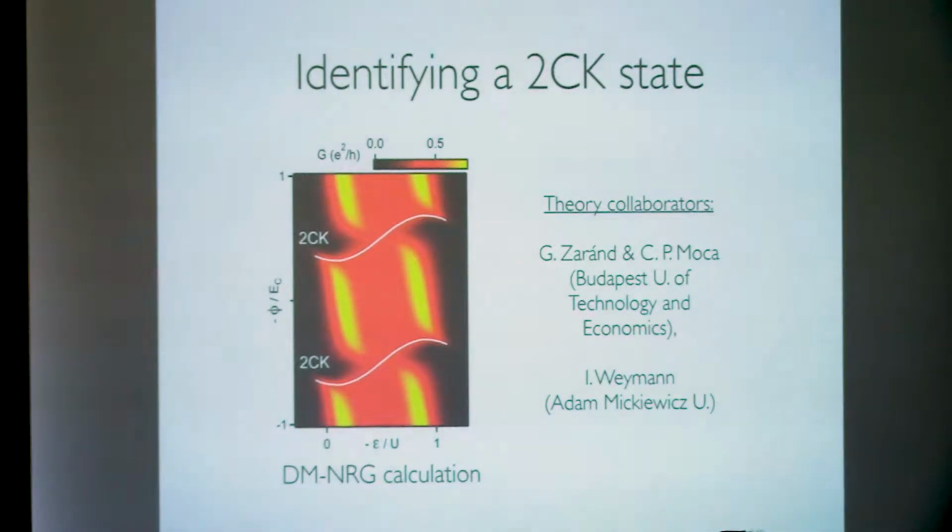And it turns out, strangely, that there's not a quantum critical point in this particular model, but actually quantum critical lines. So there's a continuous line as a function of gate voltage on the small dot and the big dot, where using numerical renormalization group calculations, you can identify two-channel Kondo behavior from the finite size scaling.